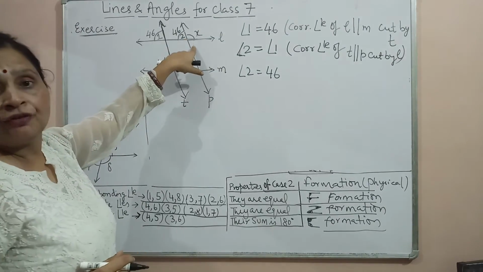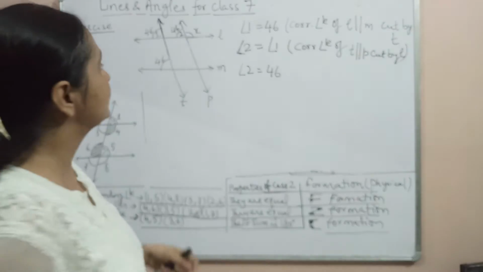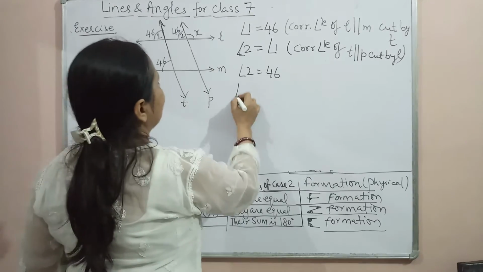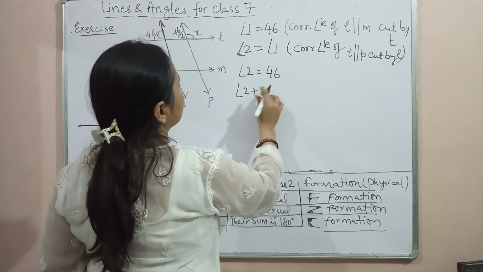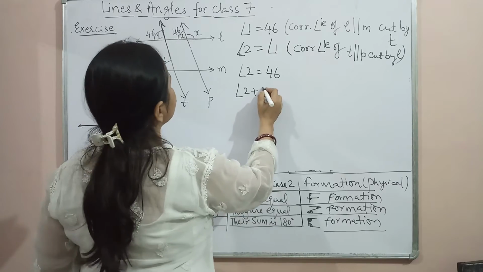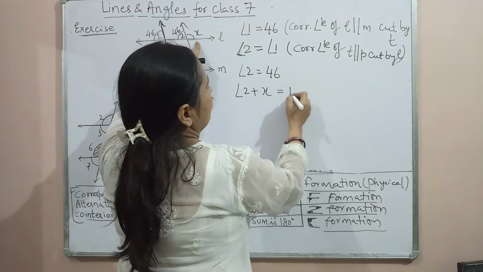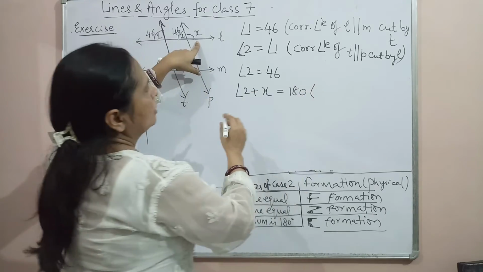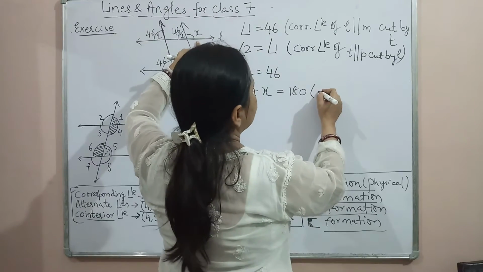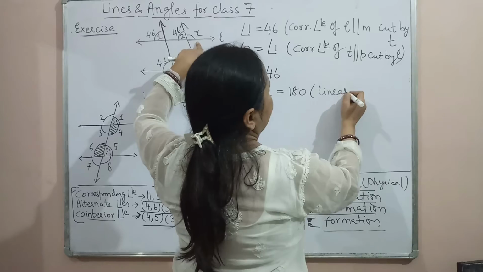But what we have to find? We have to find the value of x. So the value of x we can find: angle 2 plus angle x is equal to 180 degree. We will have to give the reason, and the reason is linear pair.